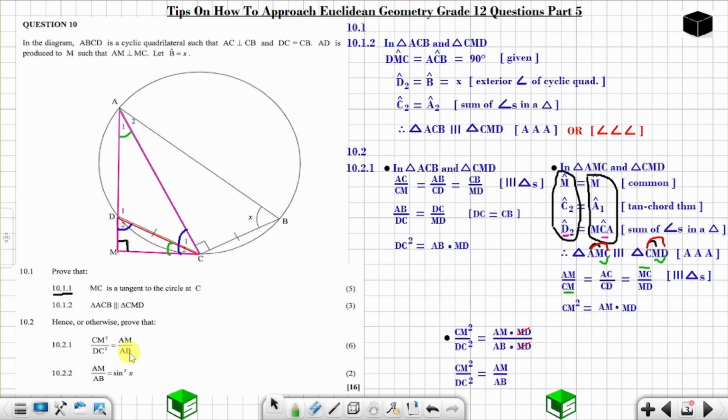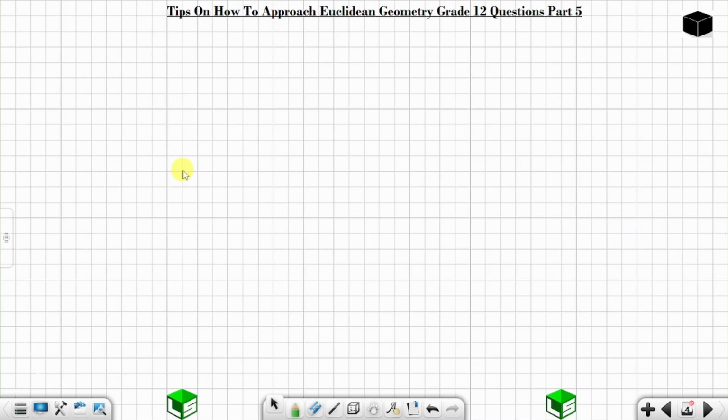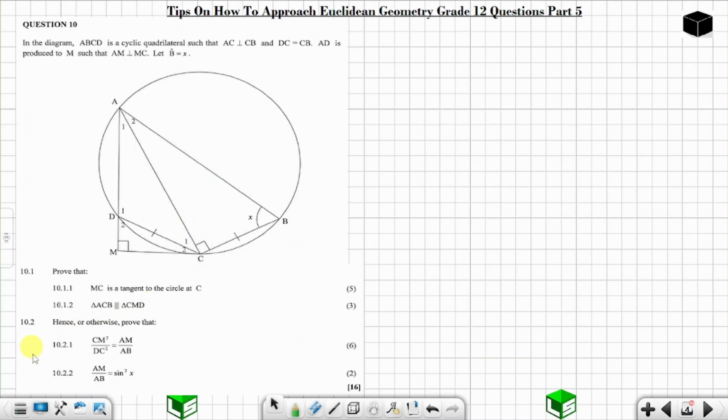You have proved. Okay, so let's move on to question 10.2.2. Now question 10.2.2. Okay, we have to prove that AM over AB equals sin x squared.